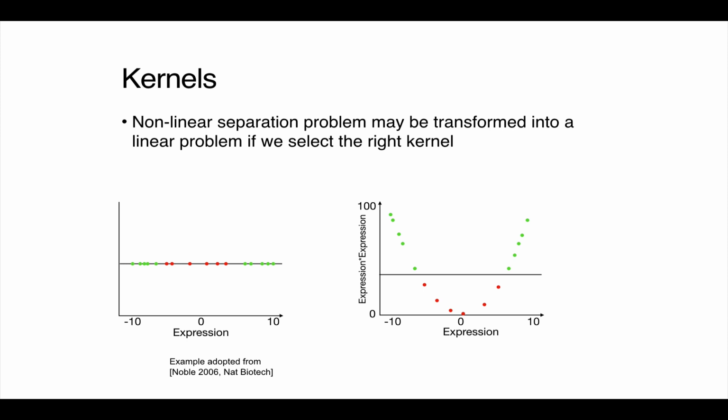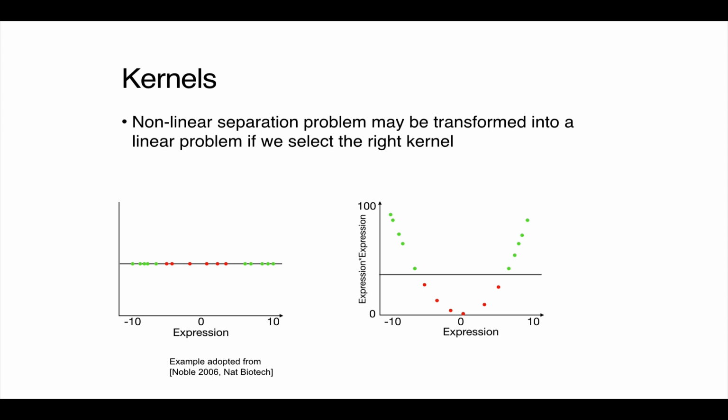However, if we introduce a kernel here that gives us yet another dimension in our classification space, we would now get not just expression, but expression times expression. In this new space, it's super easy to make a decision boundary, because we can now make a boundary based on the quadratic expression. This would allow us, with one single separating hyperplane, to make a distinction between the red and green dots.